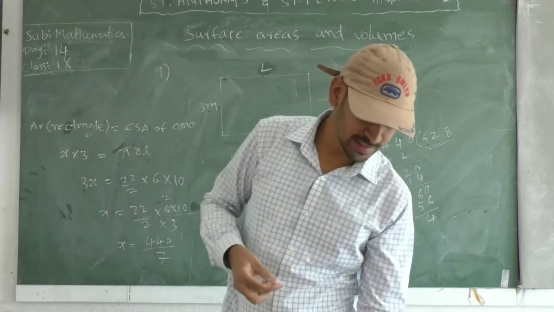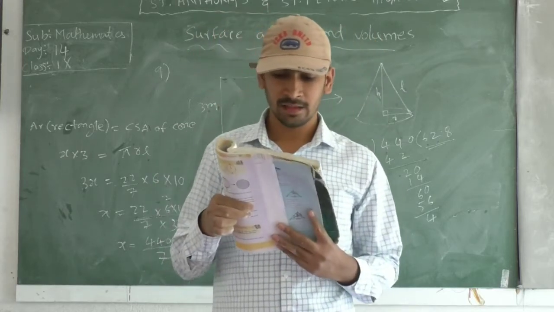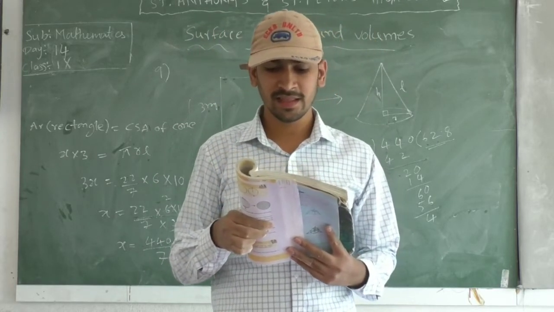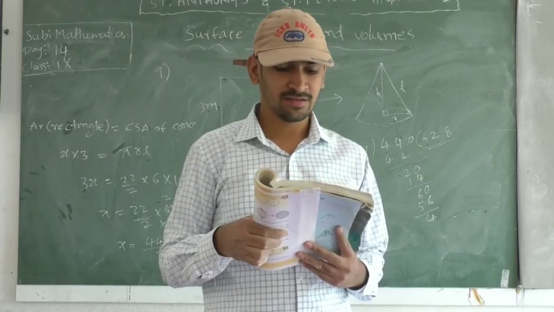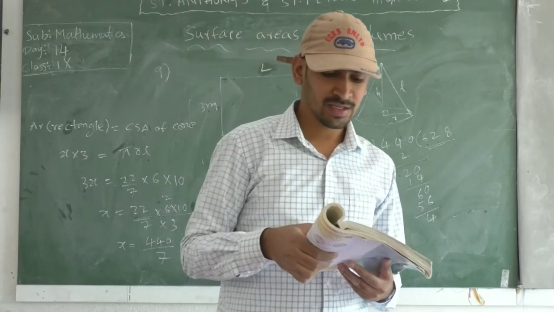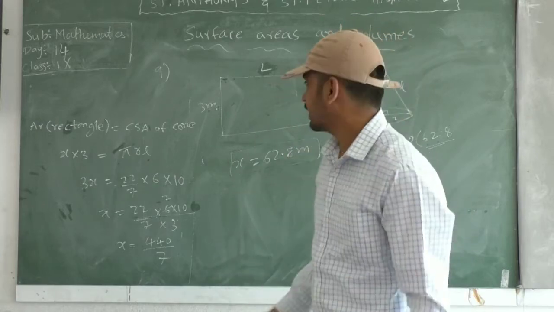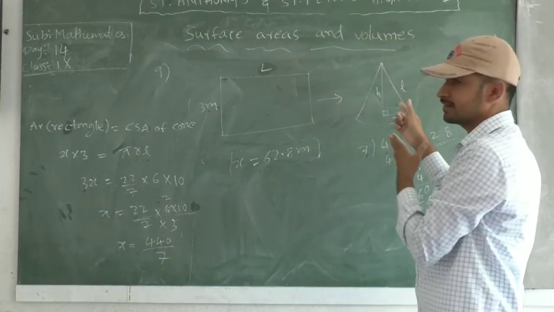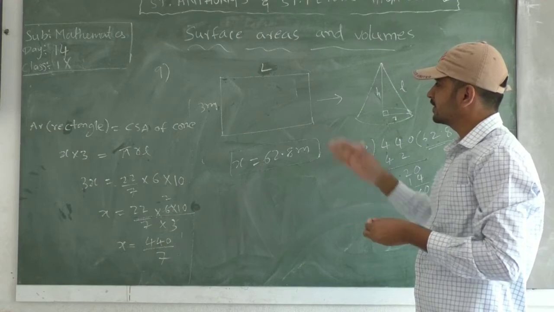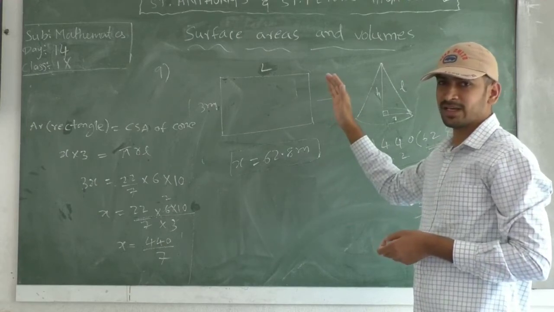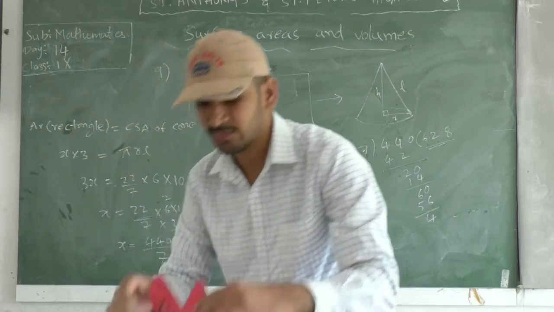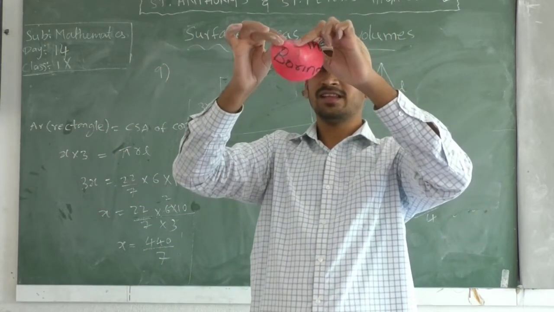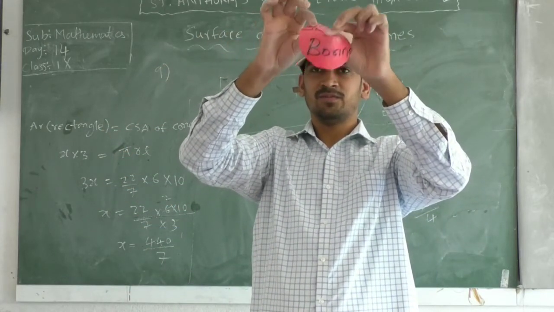But one condition is given. Assume that the extra length of material required for stitching, margins and wastage in cutting is approximately 20 centimeters. While converting the rectangle into a cone, some length of the rectangle is wasted in stitching.